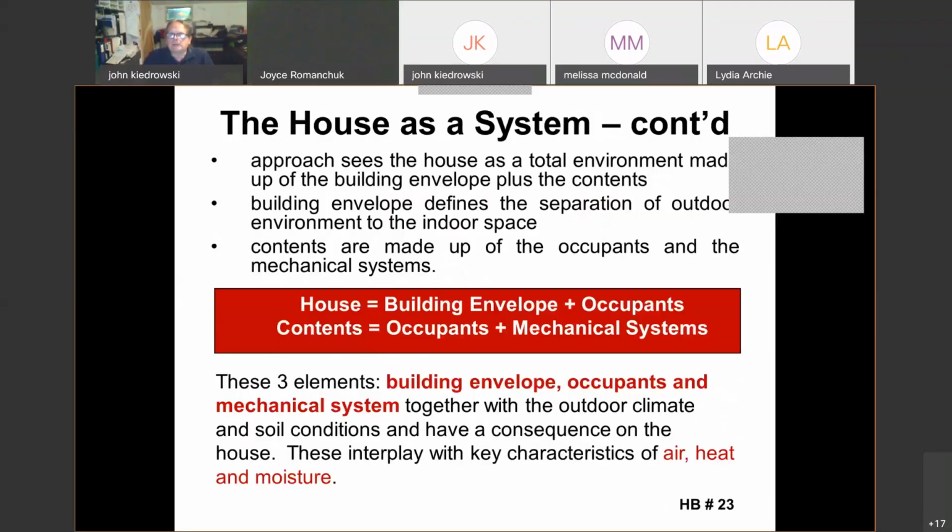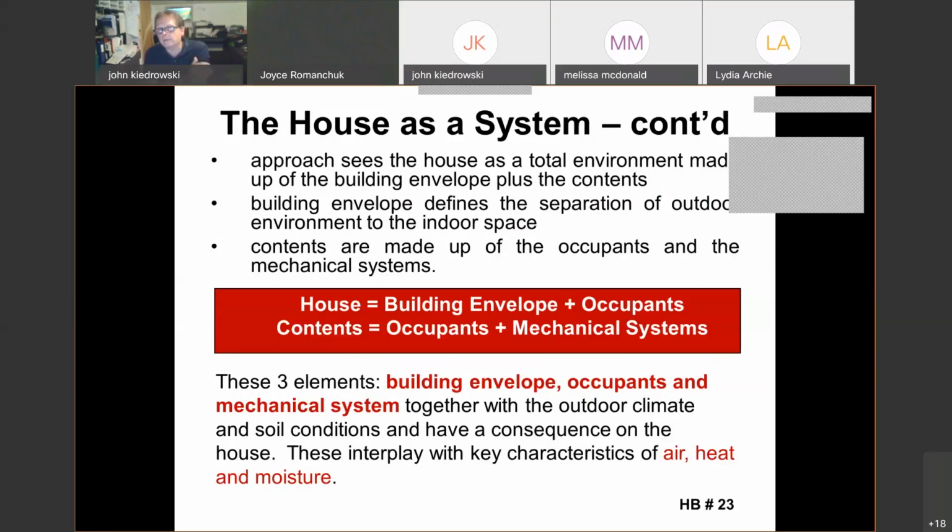So the house as a system, continued. Approach and see the house as the total environment made up of the building envelope plus all the contents. The building envelope defines the separation of the indoor space from the outdoor space. I like to call it the outer shell or skin of the building. The contents are made up of the occupants and the mechanical systems. So basically, a house equals a building envelope plus the people living in it.